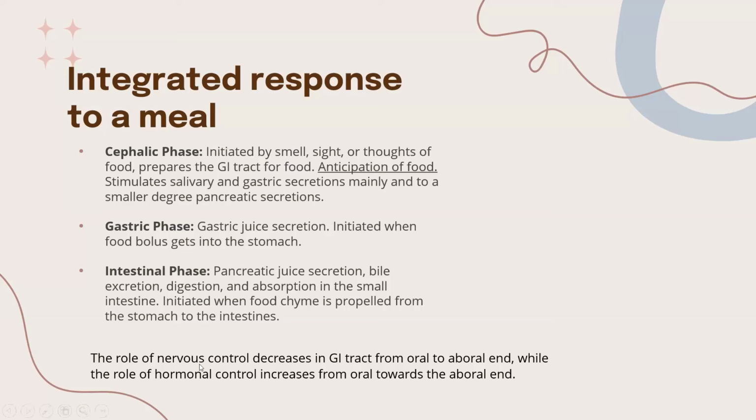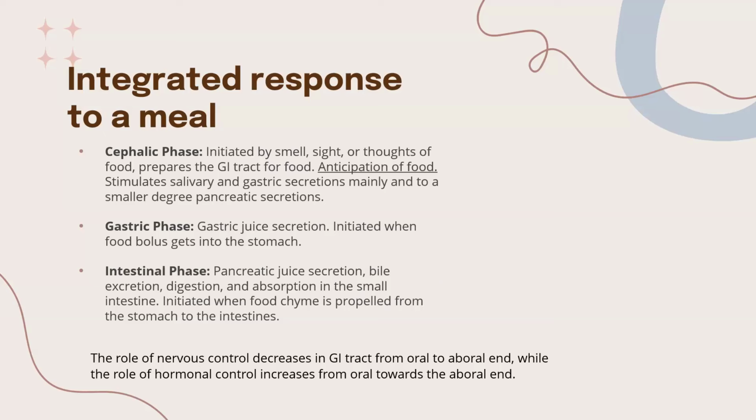So today our focus is going to be mainly the cephalic phase and salivary secretion and all that. The role of the nervous system control in the GI tract decreases from oral to aboral end, while the hormonal control increases from oral towards the aboral end.